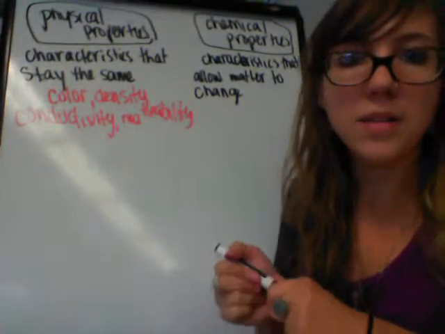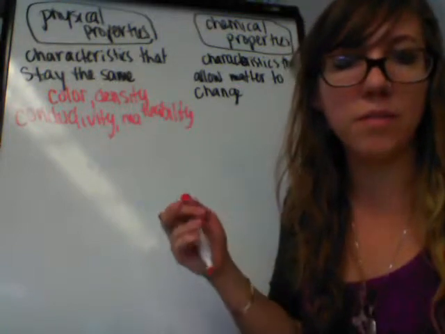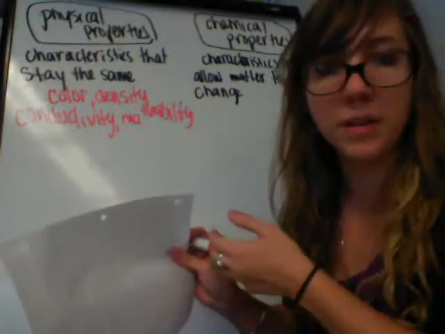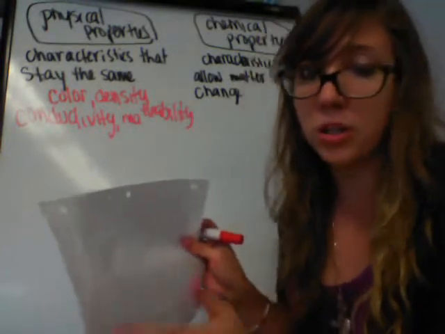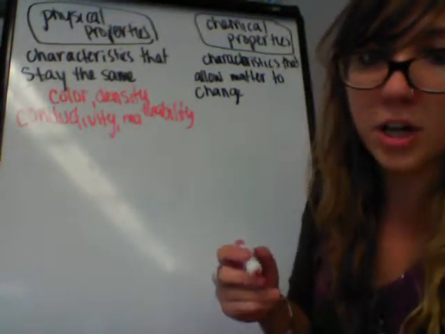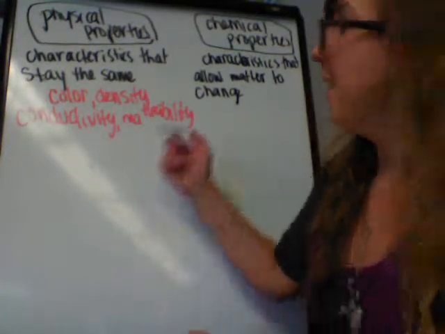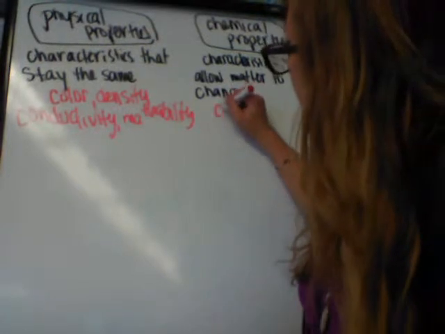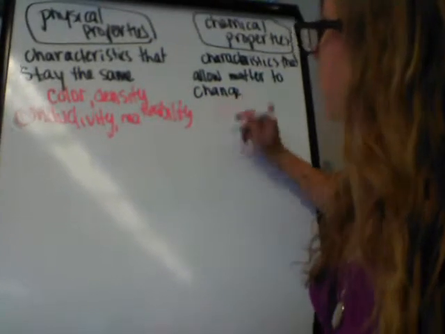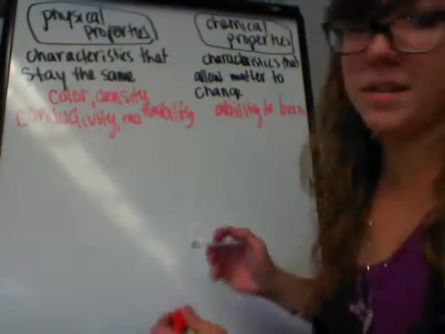Basically, a piece of paper has the chemical characteristic of being able to burn. That's a chemical property because once you burn this piece of paper, the matter is changed completely. It's what we call a chemical change as opposed to a physical change, because you can't really change it back. So we'll say the ability to burn is an example that you can use.